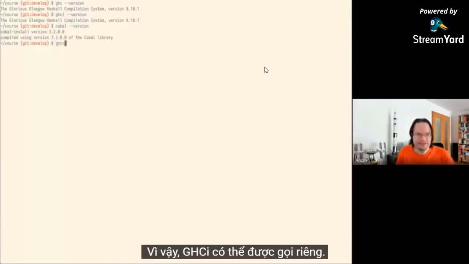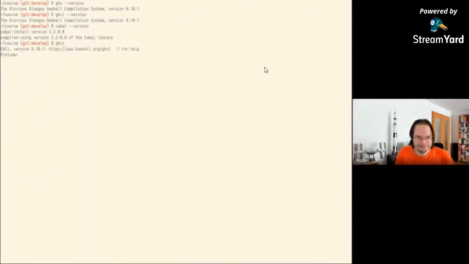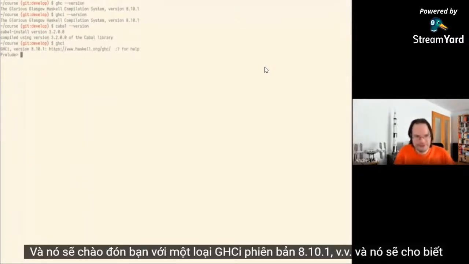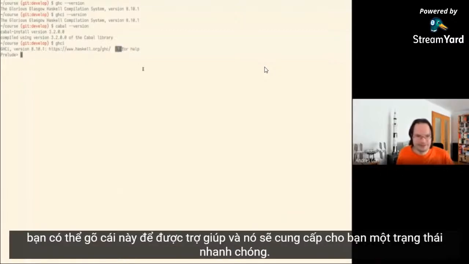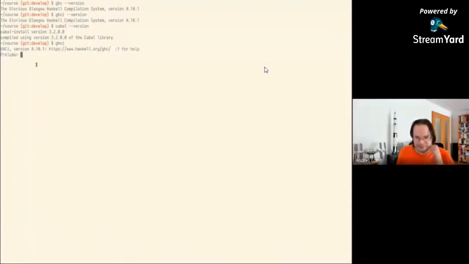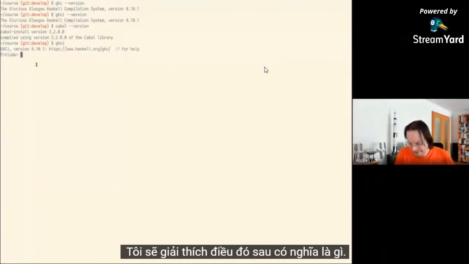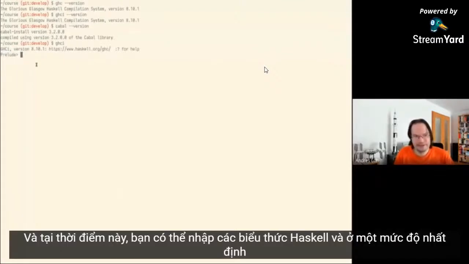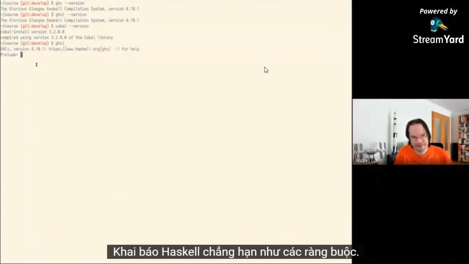So GHCi can be invoked just on its own, and it will greet you with a GHCi version 8.10.1 and so on, and it will tell you that you can type this for help, and it will give you a prompt that is Prelude. I'll explain later what that means. And at this point, you can now type Haskell expressions and also, to a certain extent, Haskell declarations such as bindings.